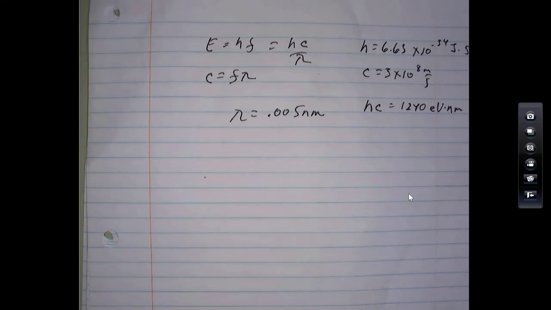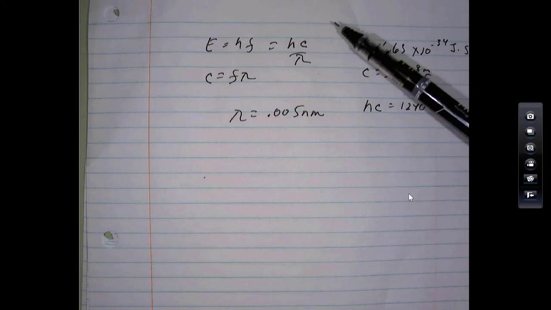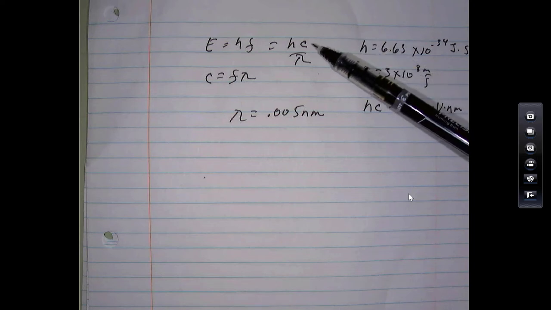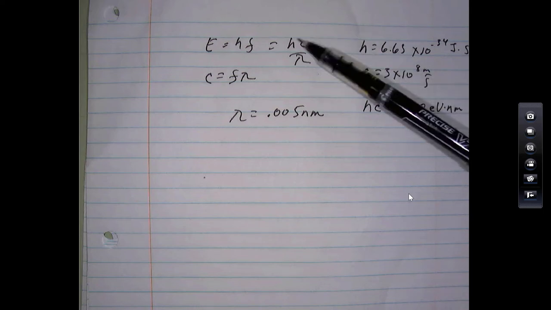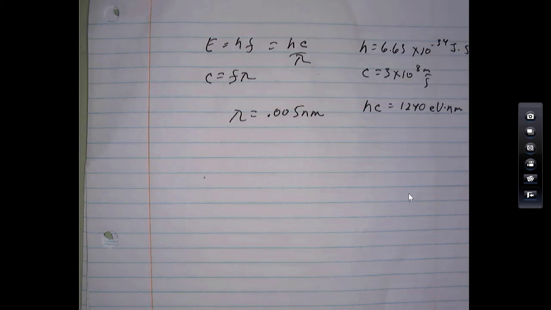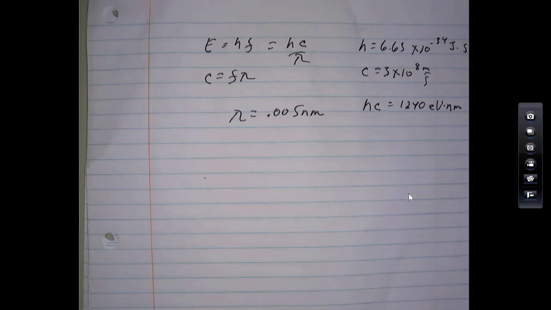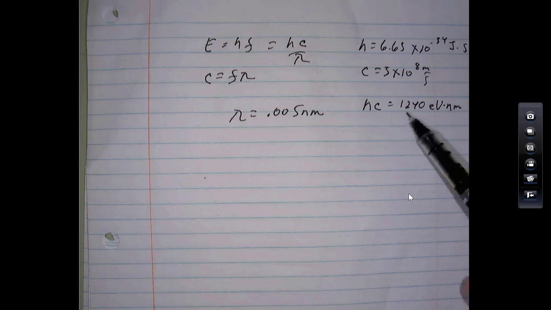Now if you work with this stuff a lot, there's an easier way to solve this if you know the wavelength of light in nanometers. So h times c, that's a constant, that's a constant. So instead of doing this times this every single time, you can use h times c already done for you: this is 1240 electron volt nanometers.